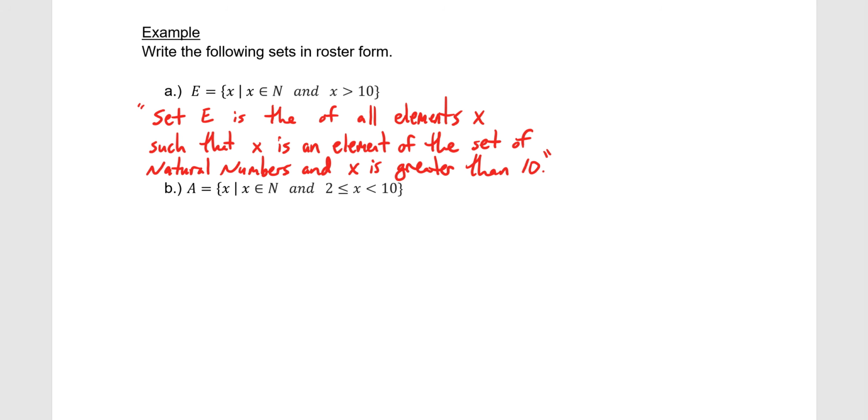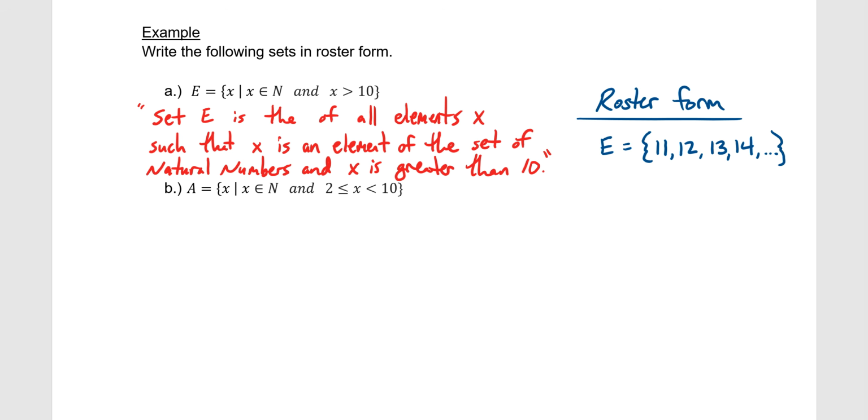Okay, so that is how this would be written out in words. So if x is an element of the set of natural numbers, then it's an element 1, 2, 3, 4, 5, 6, 7, 8, 9, 10, and so on. But it says x is greater than 10, so that means starting with 11, x is going to be 11, 12, 13, 14, 15, 16, and so on. So in roster form, it would look like E equals the set 11, 12, 13, 14, and so on with the ellipsis.